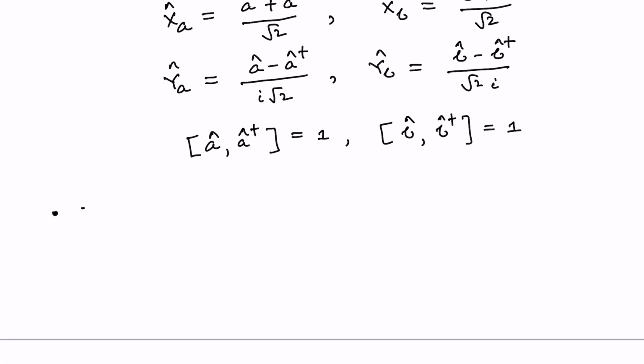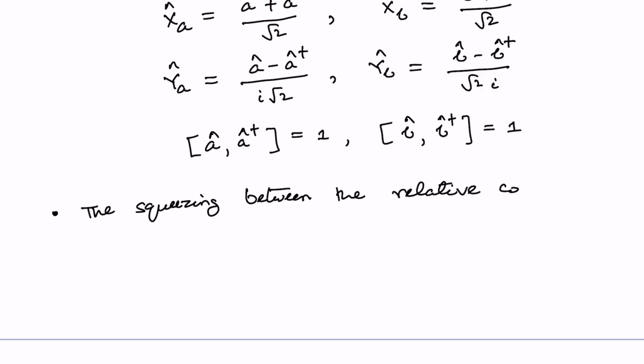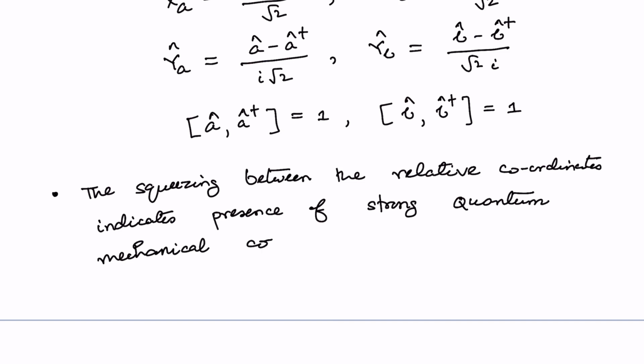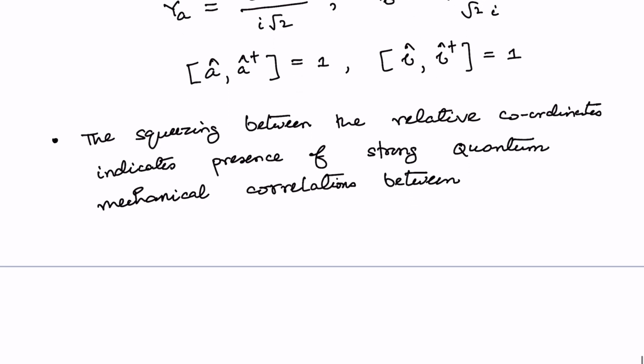So let me write here, the squeezing between the relative coordinates, that means x1 minus x2, indicates presence of strong quantum mechanical correlations between the optical and the mechanical mode.